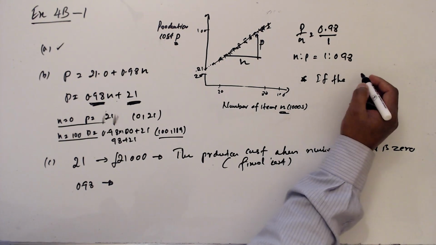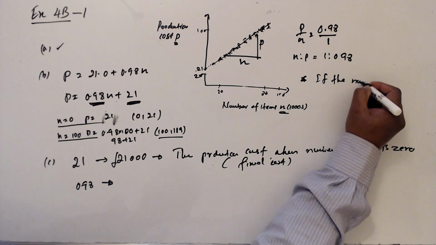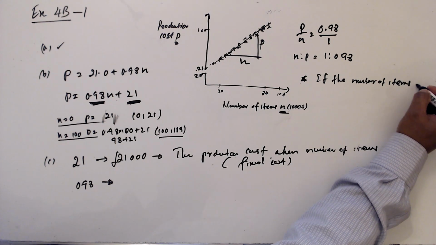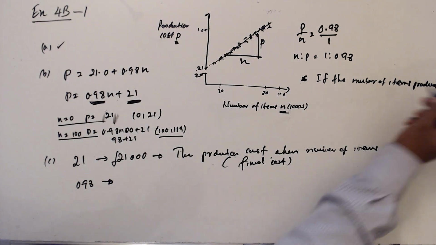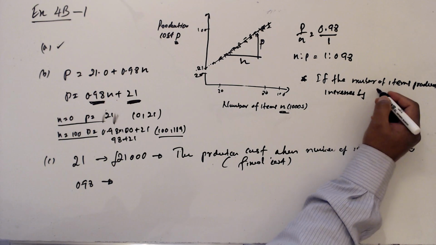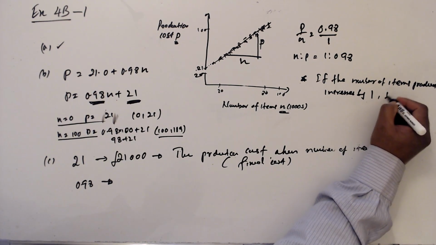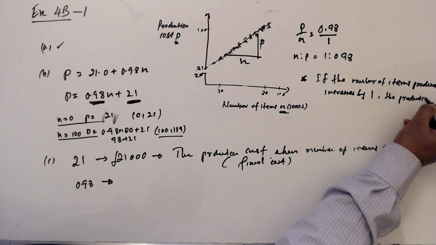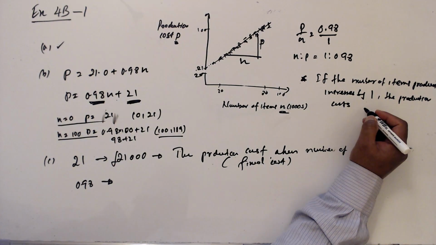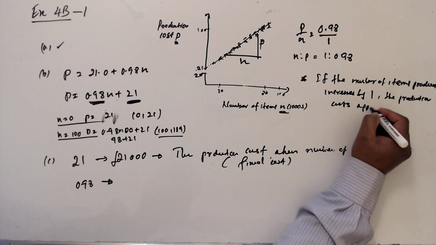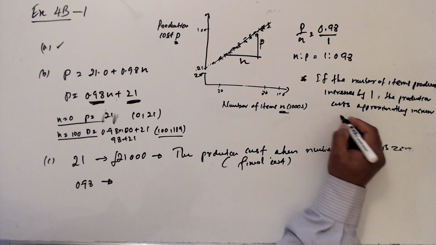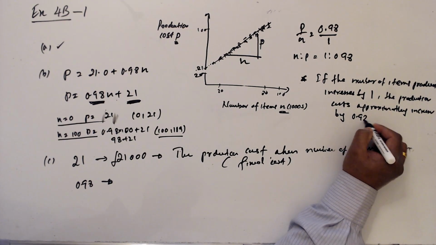If the number of items produced increases by 1, the production cost approximately increases by 0.98.